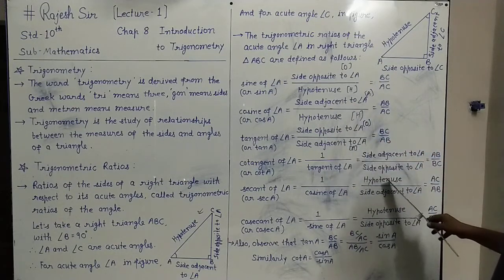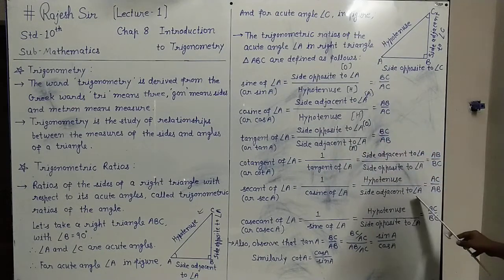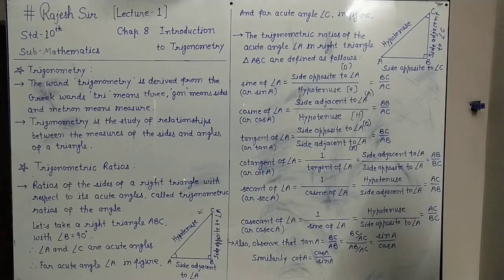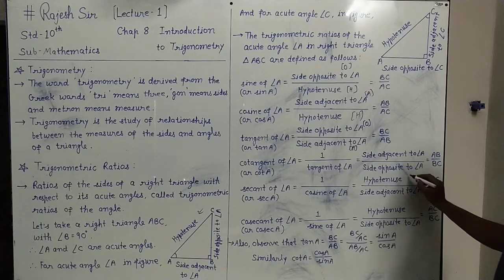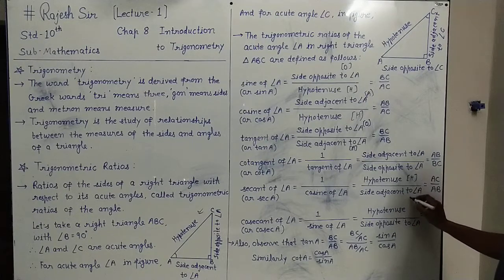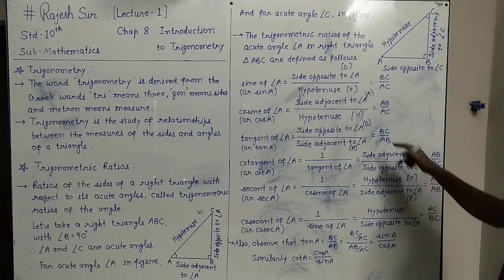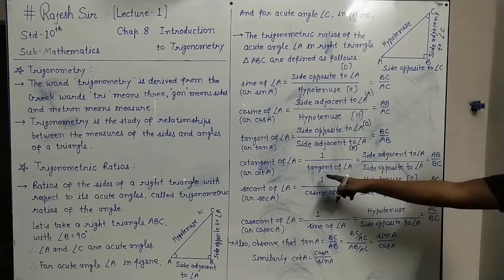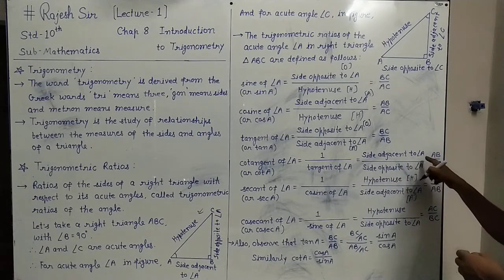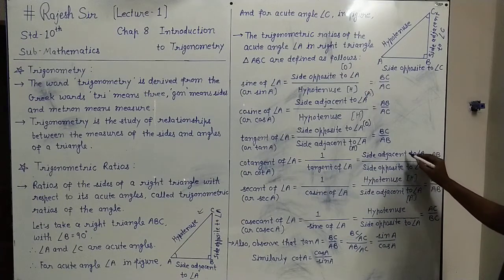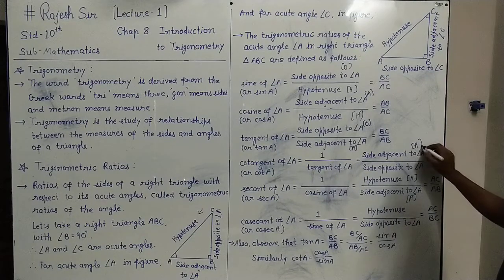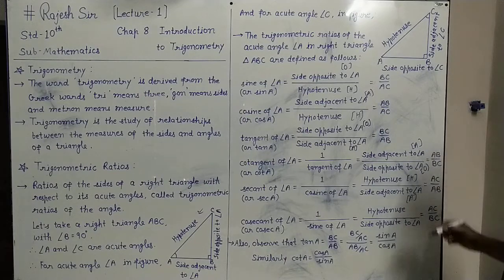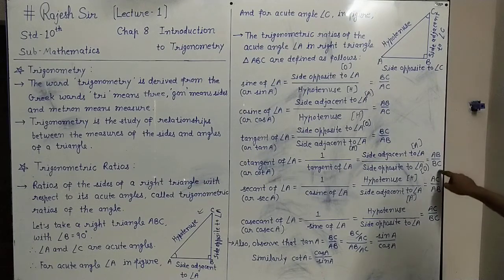Means hypotenuse will be up and down will be side adjacent to angle A. So it is H upon A in short, and it is AC upon AB, the inverse. Here also for cotangent, side adjacent to angle A is adjacent, A in short, and opposite is O, means A upon O, that is AB upon BC.